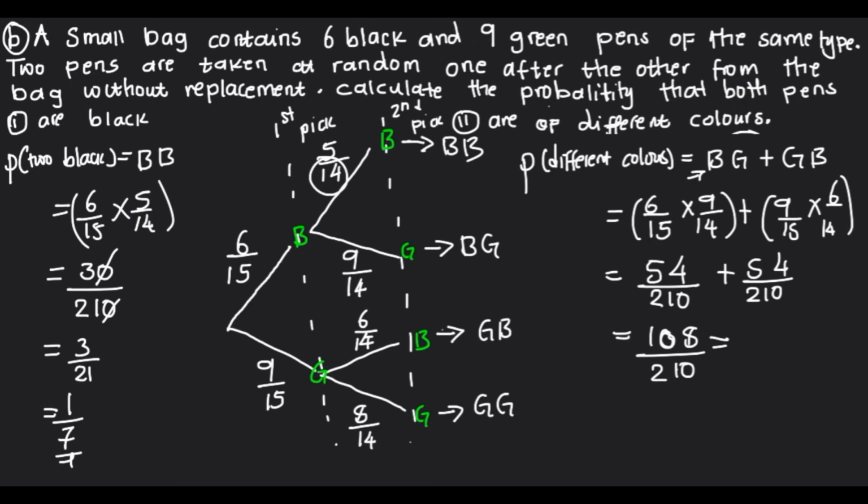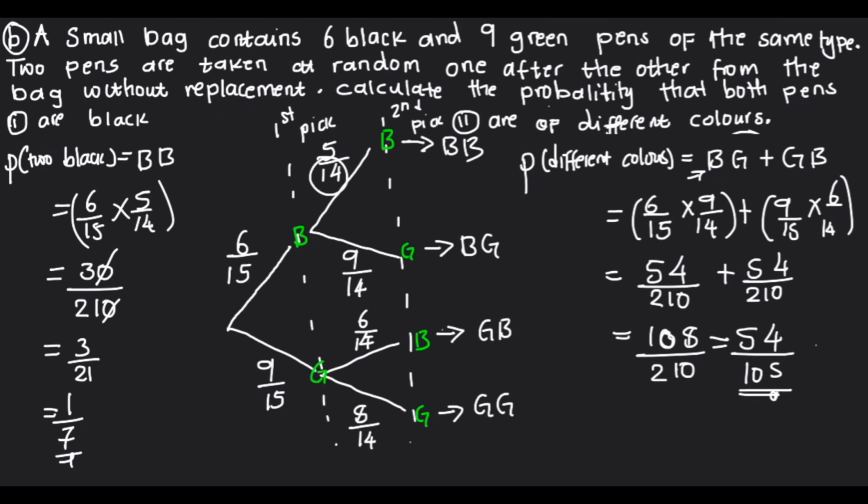So let's reduce. So let's see, find the common number. So common number, let's use 2. 2 into 108 is 54, over 2 into 210 is 105. So we can just leave our answer at this stage.